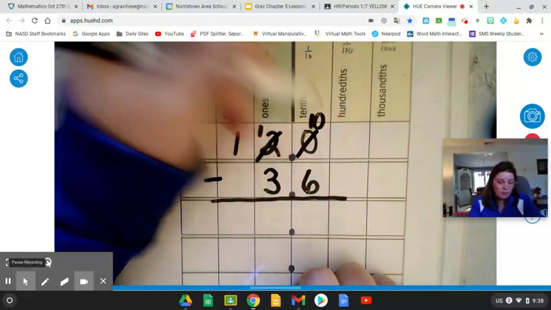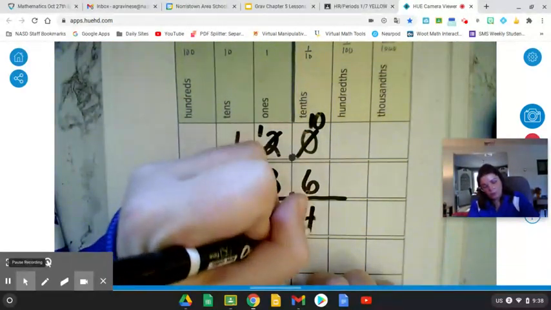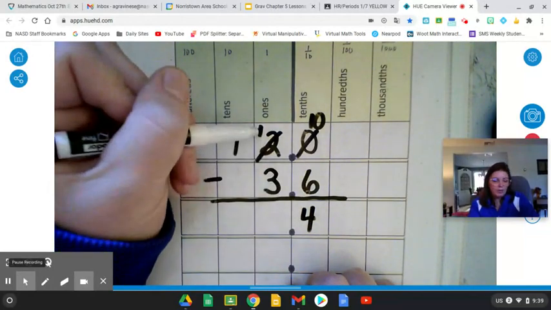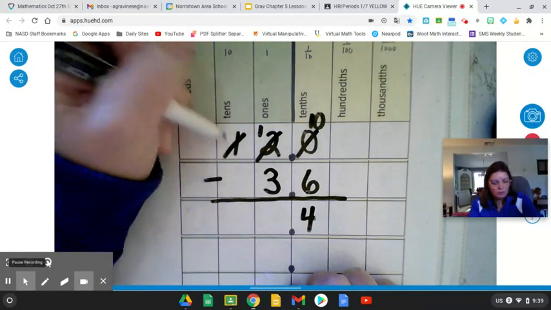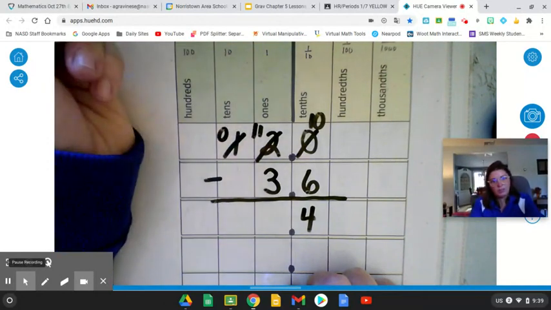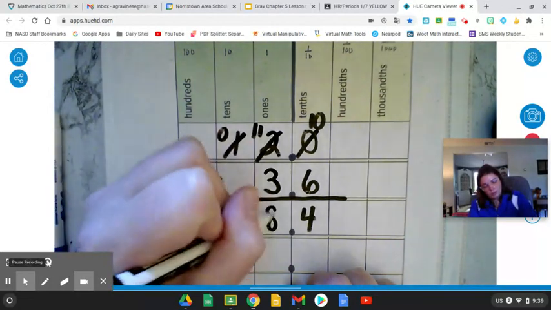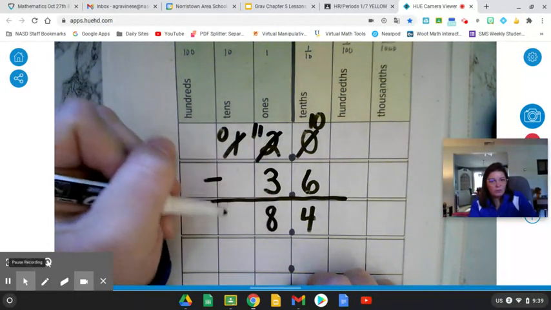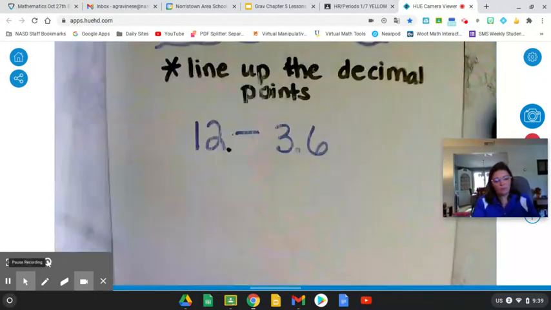My tenths now becomes 10. 10 minus 6 is 4. And then I can't take 1 minus 3 without borrowing. So this becomes a 0. We add 10 to that 1, which makes 11. And then 11 minus 3 is 8. And now we have 0 over here. So we get 8 4/10.